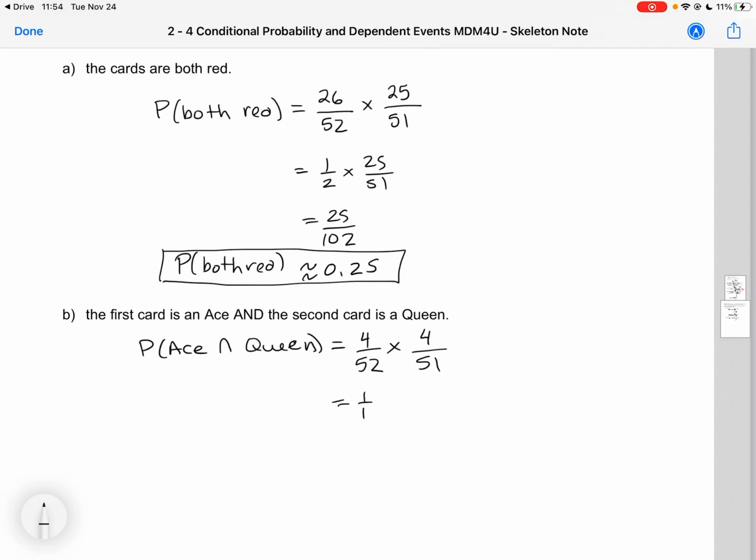So multiplying those together, I would get 1 over 13 times 4 over 51, which simplifies to 4 over 663, which is approximately 0.006. So a pretty small chance that you are going to get that particular combination.